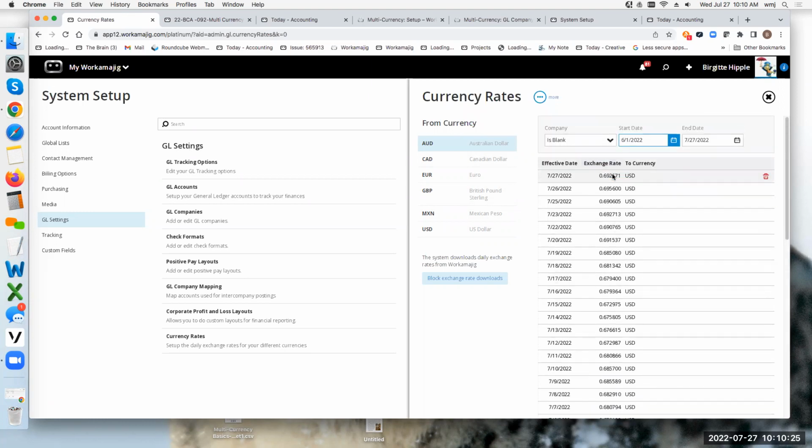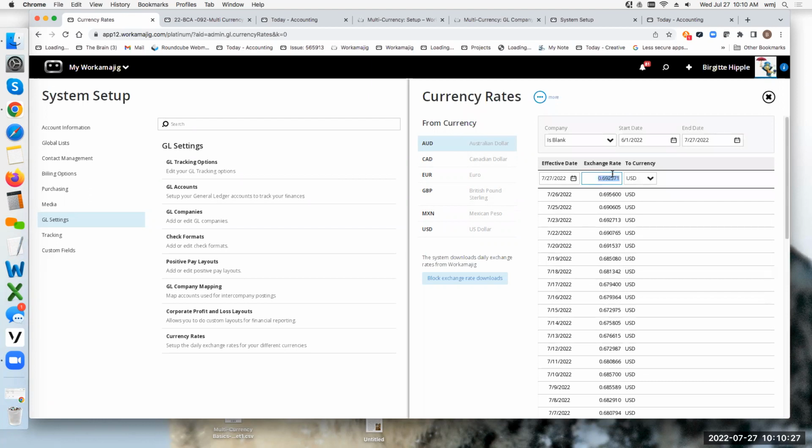I have the ability to actually change the rate. Now, these are the rates coming in from the website that we use to get our currency rates. Doesn't mean you have to use them. It might be that when you have a specific transaction, such as a journal entry when you're doing something with a bank, and a bank has their own currency rate, and they said, well, we've exchanged the funds based on this rate.